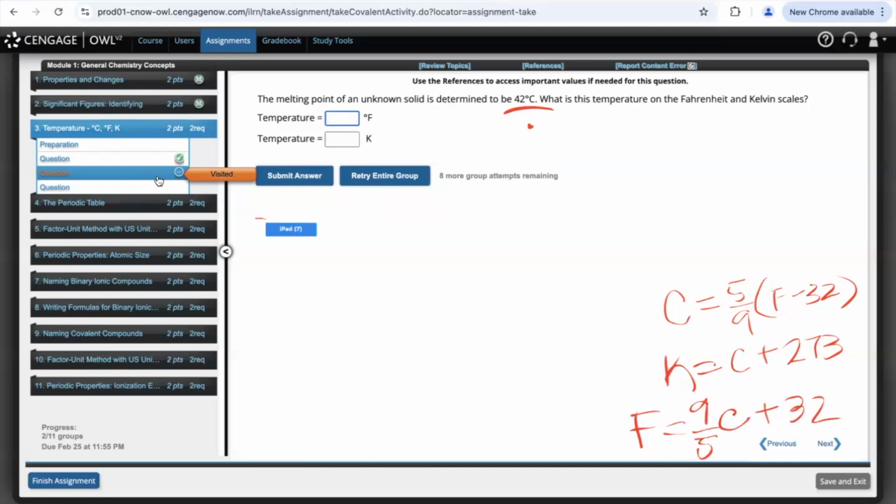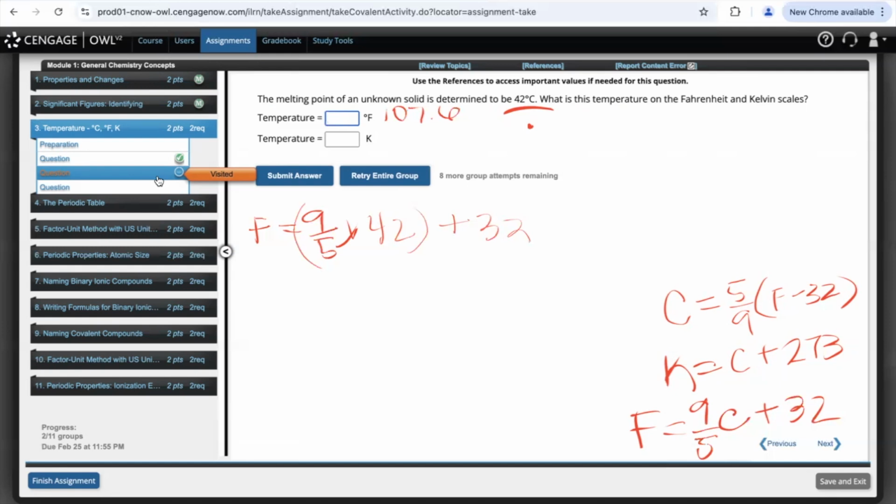So Fahrenheit equals 9/5 times 42 plus 32. I'm going to go to my calculator, do 9 divided by 5 times 42 plus 32, and I get 107.6.